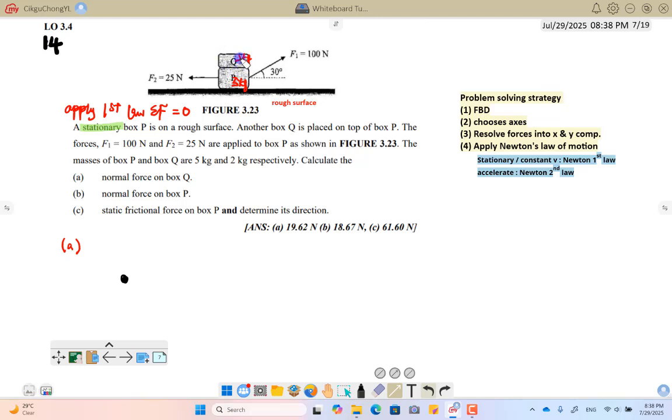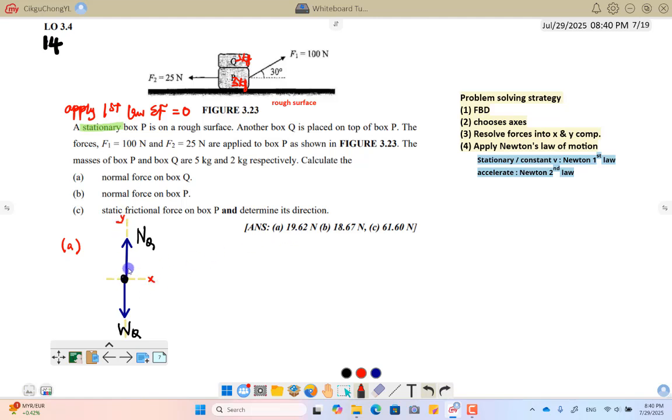For this object Q, I'm going to have weight acting downwards. Since Q is in contact with P, there is a normal force acting upward, NQ. Let this be my x-axis, and this my y-axis.